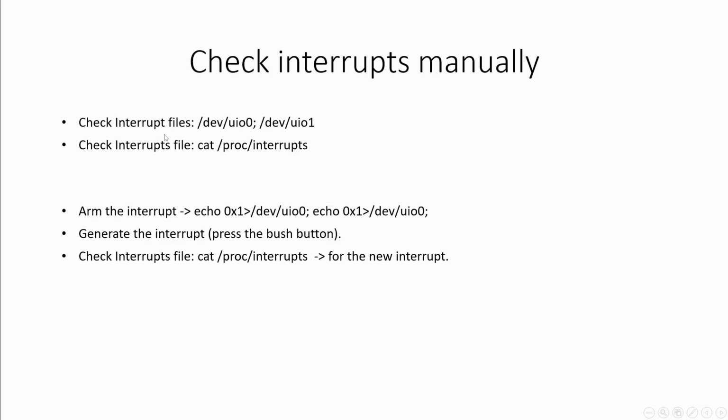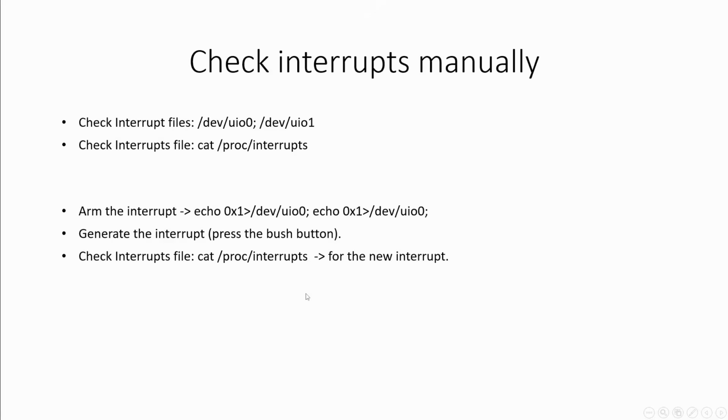Next we will see the two files needed to set up the application for the interrupts, and then we'll check the prog interrupts file and see it working manually. So we arm each interrupt, we generate the interrupt using the push button, and then we check this file again and see that the interrupt fired.